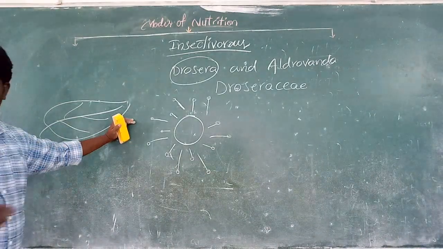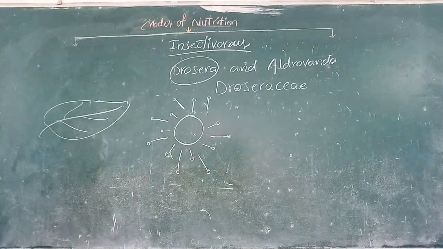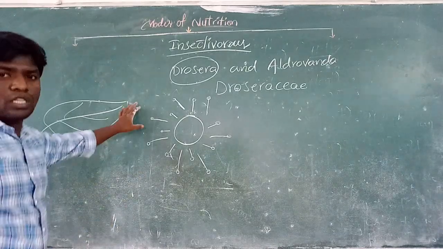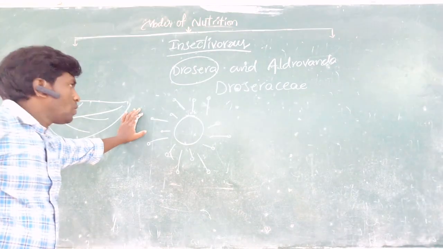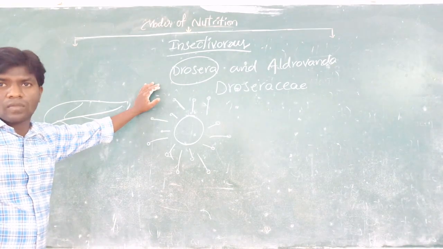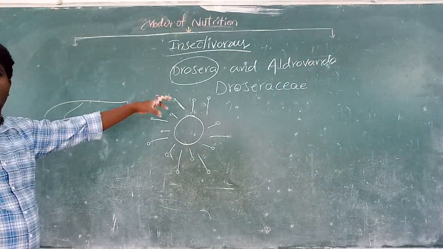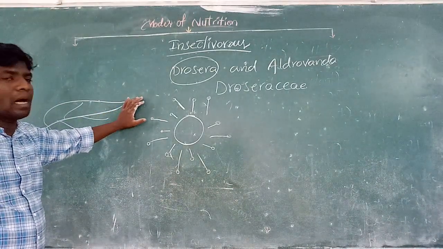That's why the name came: Sundew. Have you understood? So it has a sundew drops structure. Therefore, Drosera are commonly known as Sundew.